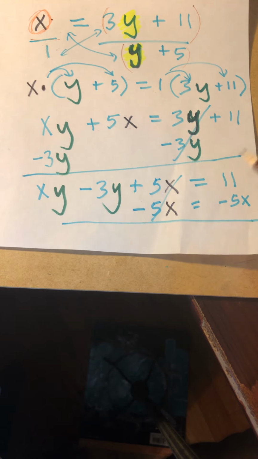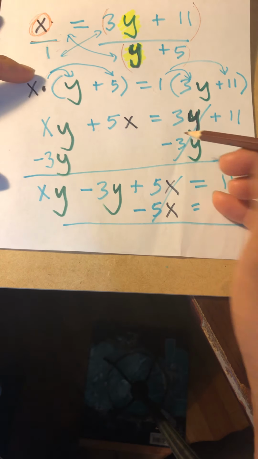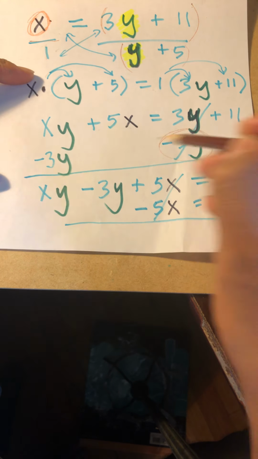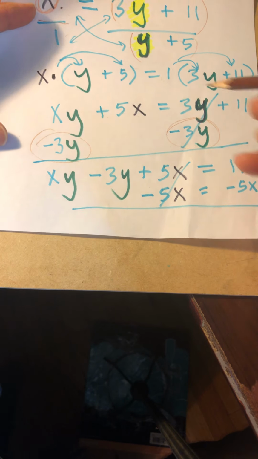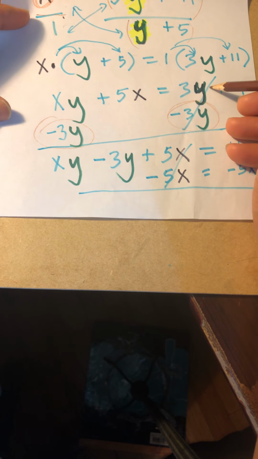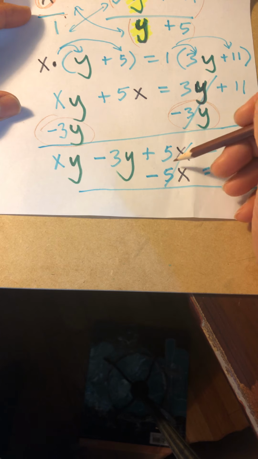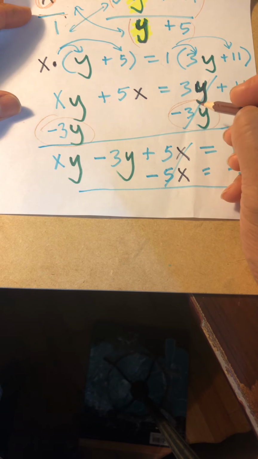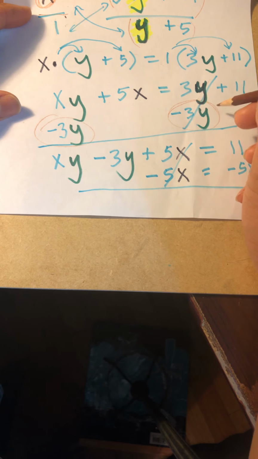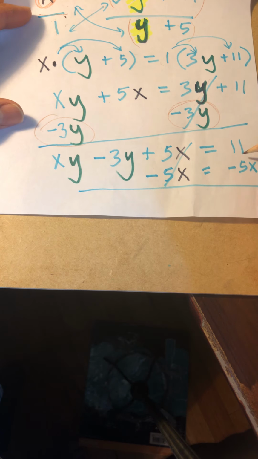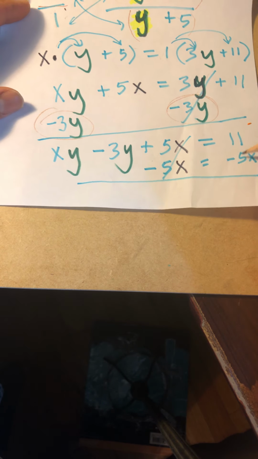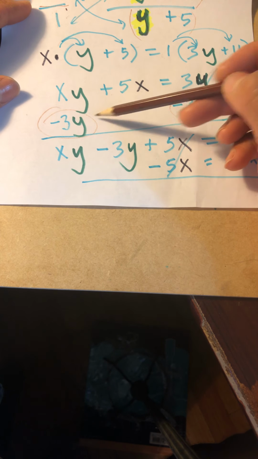And now I'm going to be subtracting 3y from both sides. On the right, I have 3y minus 3y. That's gone. So what I have over the right is now just 11 that's left over. On the left, I'm subtracting 3y also.